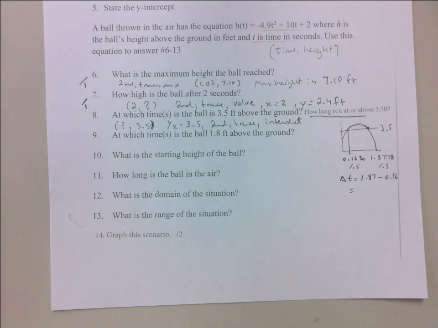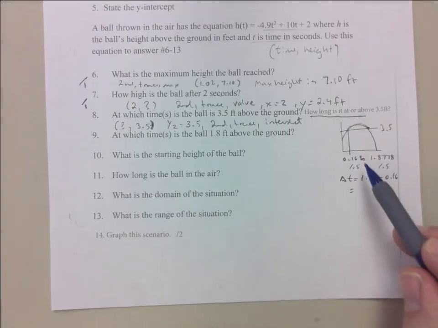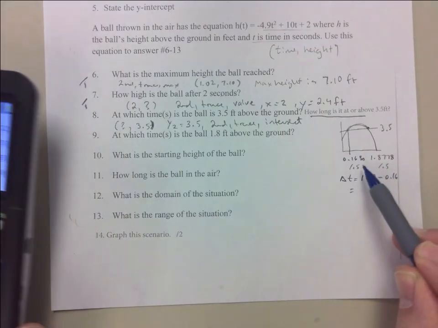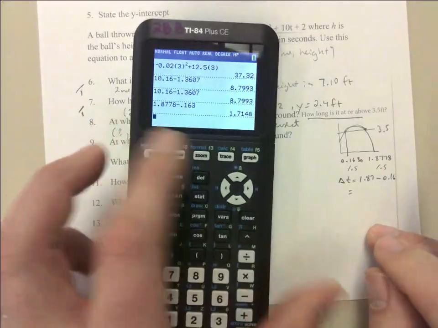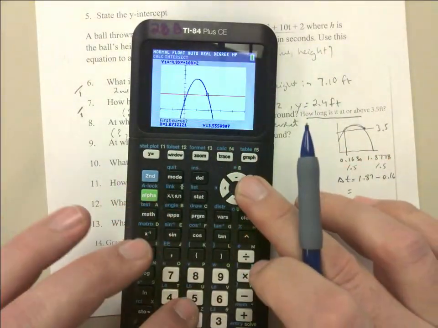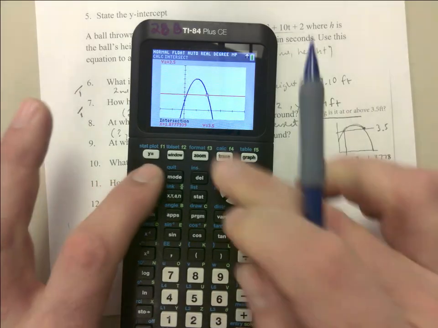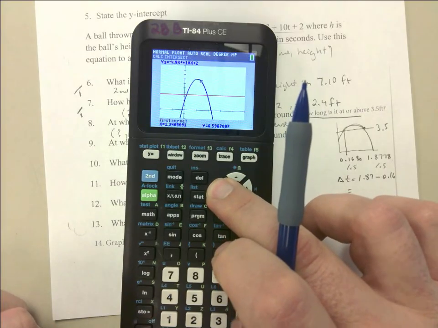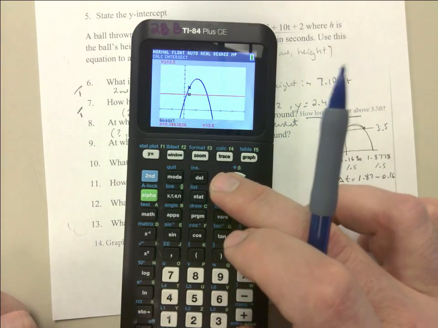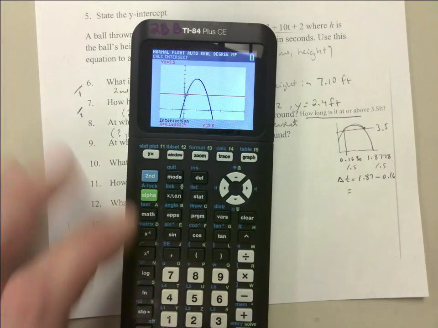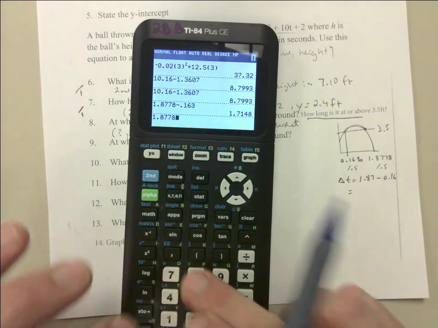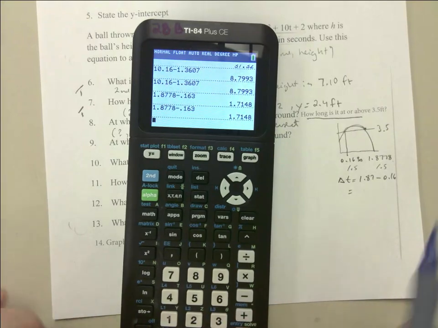Is it 1.88? Are we getting these 2 points or am I off here? I feel like this one I might be off. Let me try this again. 1.8778. Maybe I got the first one wrong. 0.16. Okay, so 1.8778 minus 0.163.